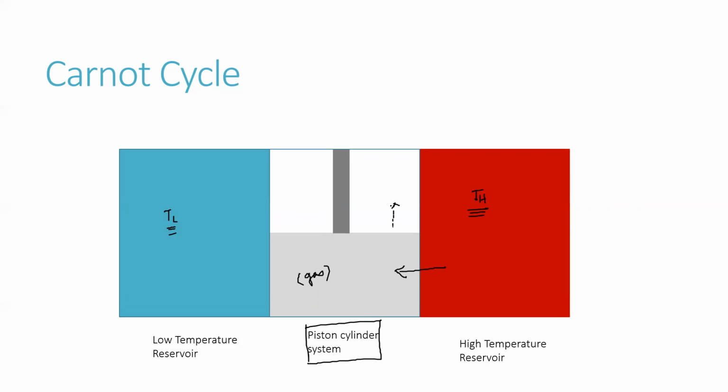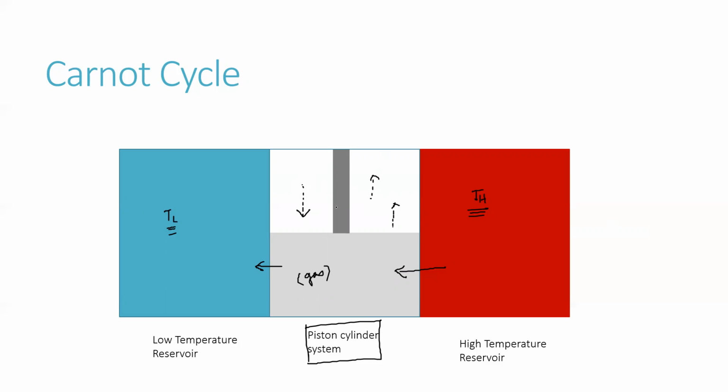Then after some time, it is going to do further work. And then let's say work is done on the system, so it is going to lose some of its heat to the low temperature reservoir. This is basically your Carnot cycle.